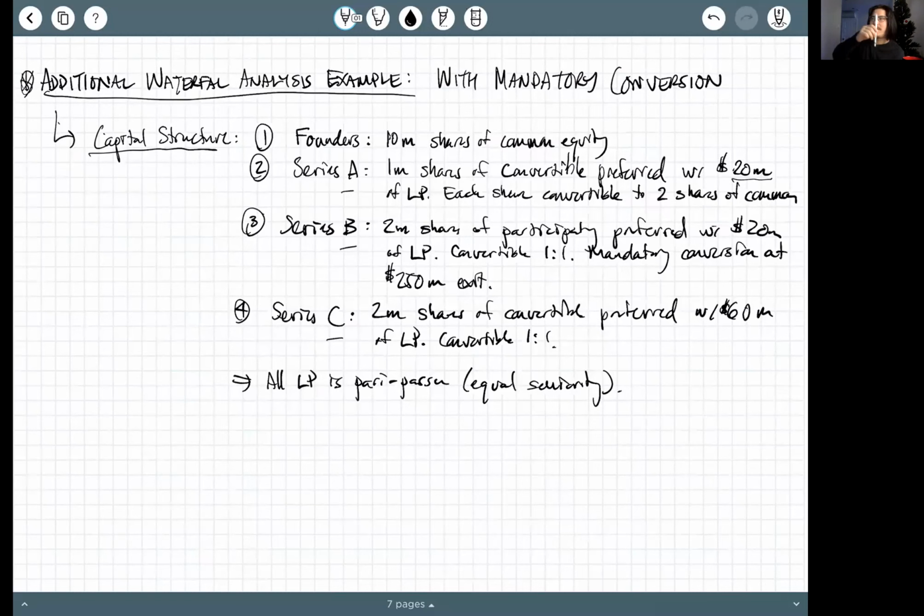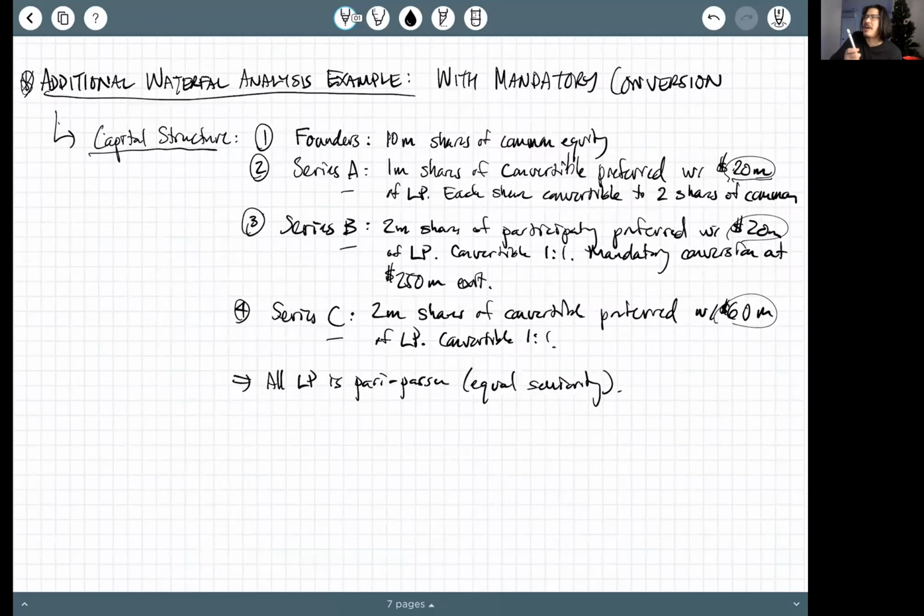What first breakpoint could occur after the liquidation preference range? It's pretty clear the liquidation preference range is going to end at 100 million because you've got equal seniority for all the liquidation preference. So 20 plus 20 plus 60, you add it up, that's 100. So we know we're going to have a breakpoint at 100.